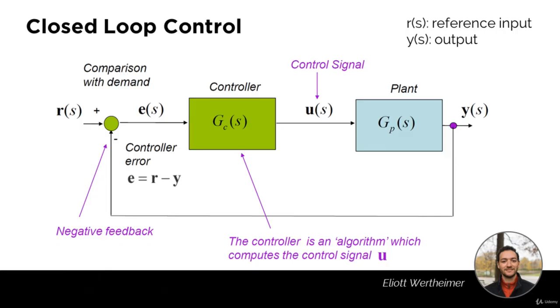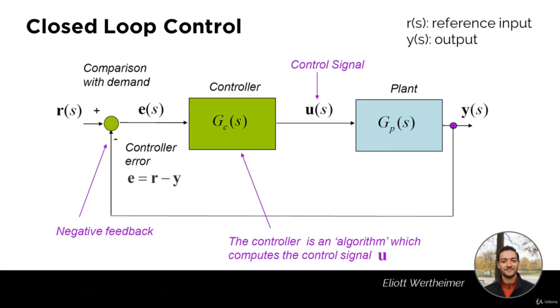It is fed into a controller, which is an algorithm that computes a control signal U(s) in order to minimize the error. This control signal U(s) is then fed into a plant G_P(s) in that case, which produces an output, again itself fed back to the error, and so on and so on.